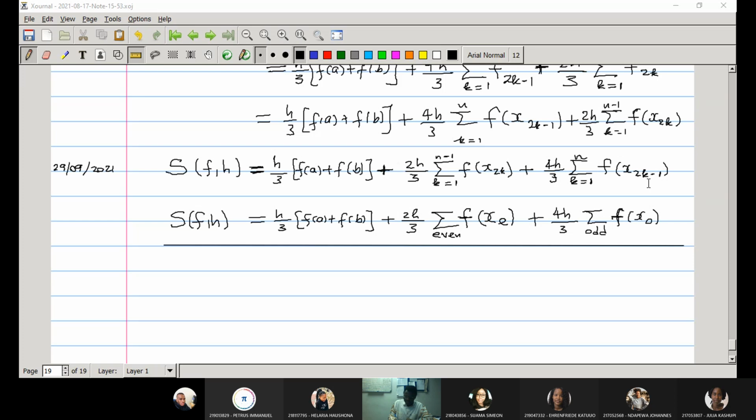So we consider the following function, f of x equal to 2 plus sine of 2 square root of x. Now you're asked to use Simpson rule with 11 sample points.